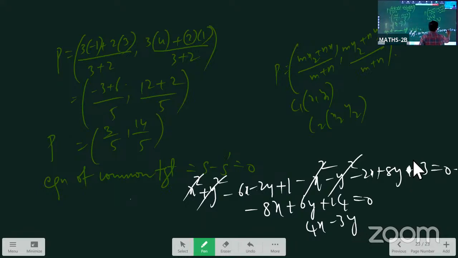This is minus 13, no? So what I'm going to get? Minus 12. Minus 12, right? So plus 6 equal to 0. So this is your equation of common tangent. Is it clear? Very important sum.